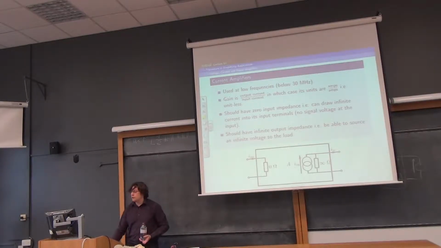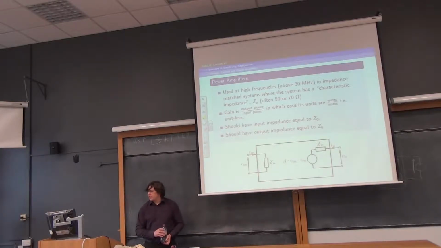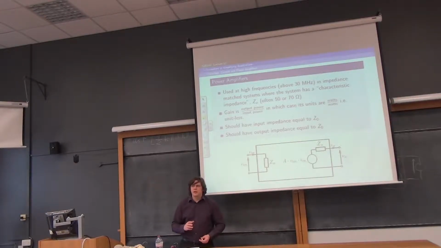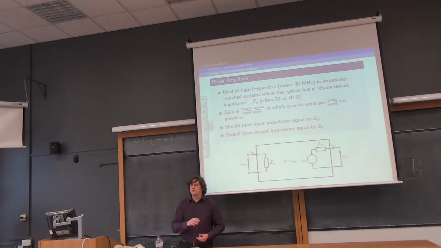So then we come to power amplifiers, and these are used above 30 megahertz, and we use them in impedance matched systems. And when I say impedance matched, I'm back to mirrors again and travelling waves. When the wave is just about to enter the amplifier, it feels the impedance looking inwards.